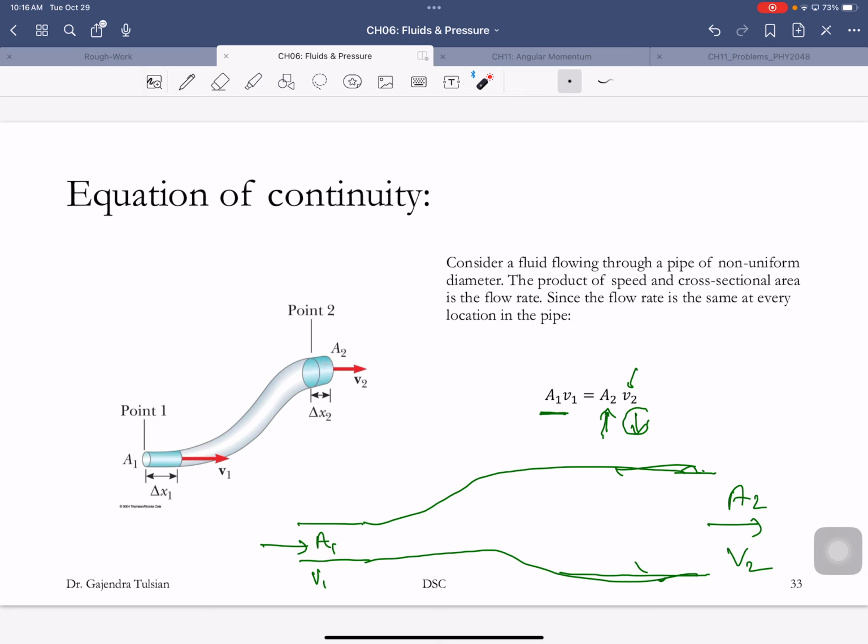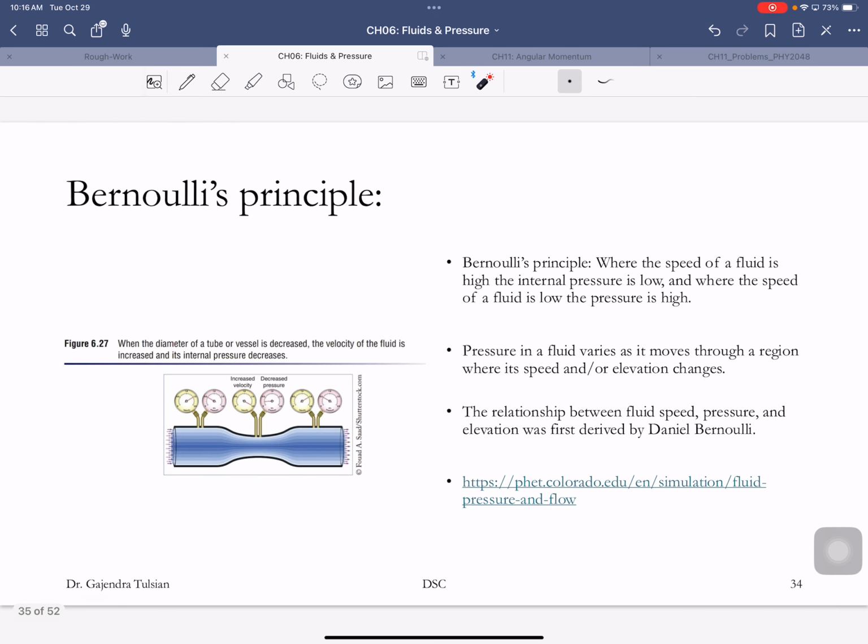and as the speed rises, the pressure decreases. Mr. Bernoulli studied all of that. He studied fluid flowing in pipes where the area of cross-section is changing, the height of the fluid is changing, and all that, and he came up with this principle. Before I show you that, look at this pipe.